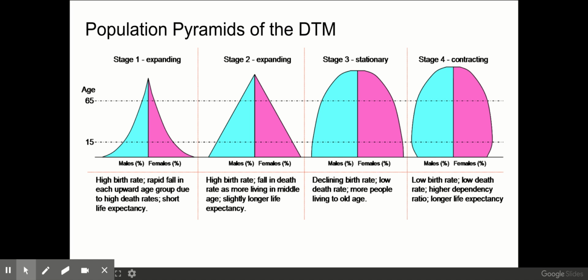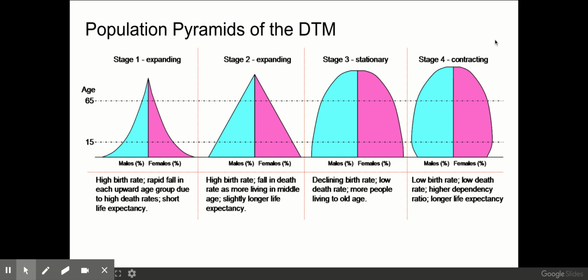And then stage 4 is actually a contracting population growth. So there is a lower birth rate. You can see that it kind of goes in right here instead of it being kind of uniform. Higher dependency ratio, which we'll talk about, and a longer life expectancy. So there is even much more older people than there was in stage 3.